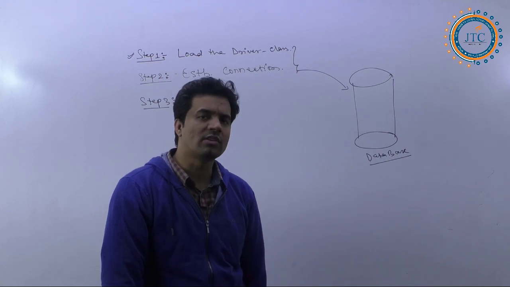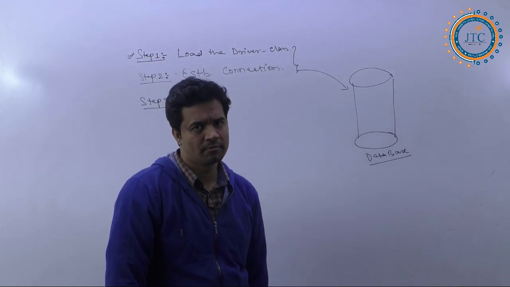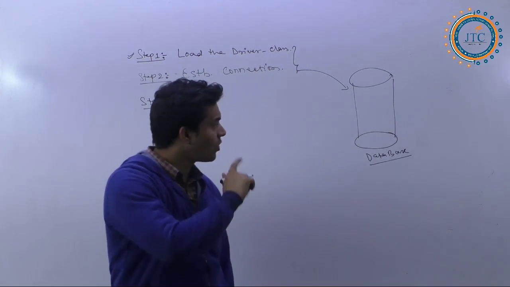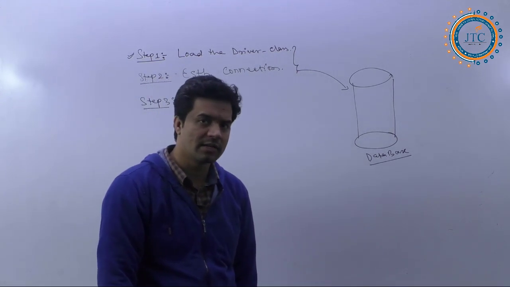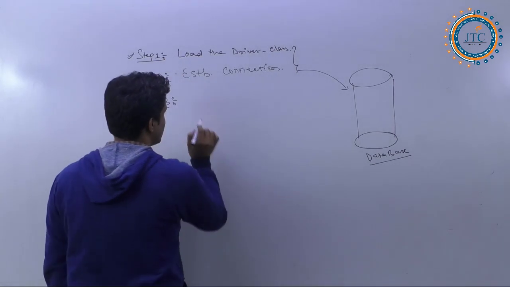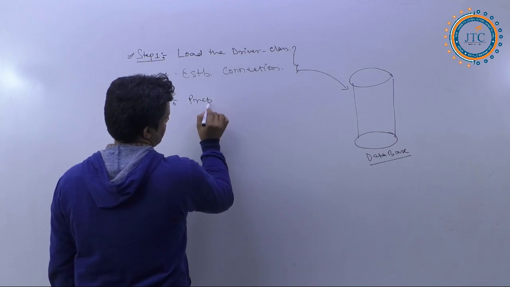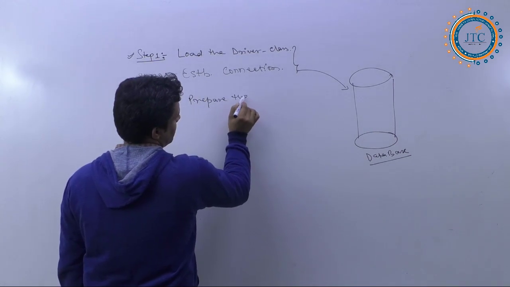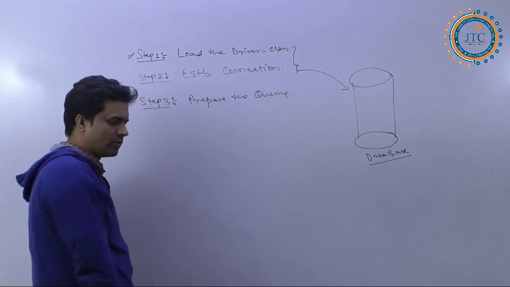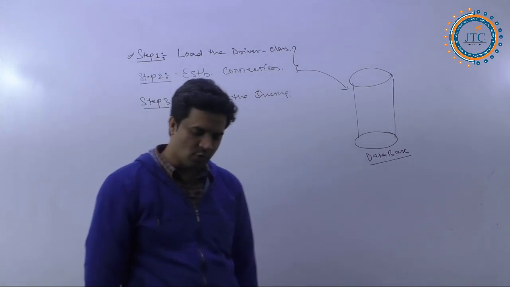Getting it? You want to submit some query to the database, and that's the reason you wanted to establish the connection with the database, right? So what is that query? The third step is to prepare the query. What is your query here first? So you must prepare your query.